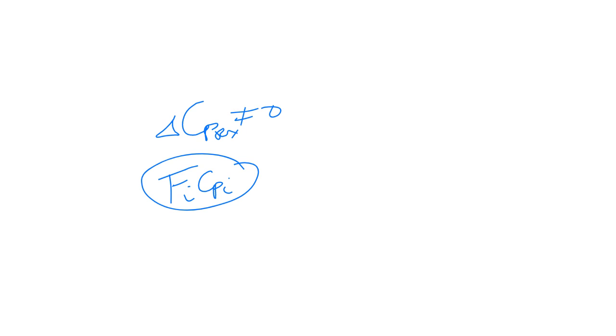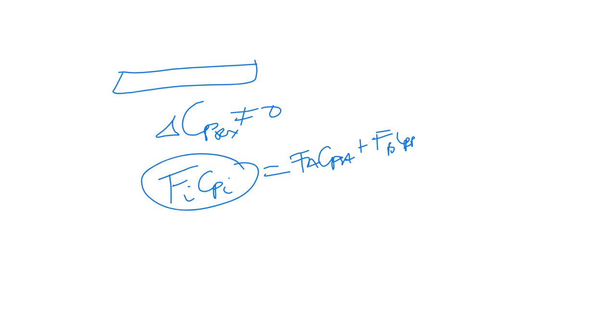So in your denominator, always when you have a delH Cp of the reaction that is not equal to 0, in your denominator you will update, so you will leave FA CpA, and you will have to calculate that at each integration step, as well as FB CpB. The reason being that in your PBR reactor, in that slice, the energy carrying capacity changes along the length of your reactor.